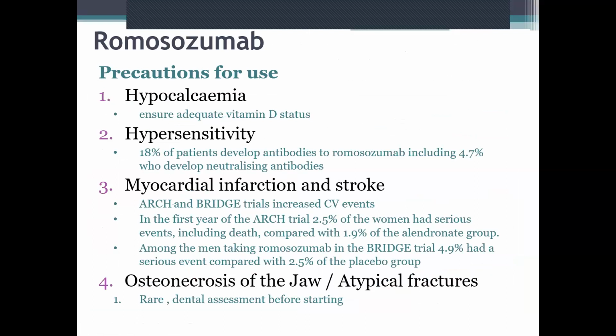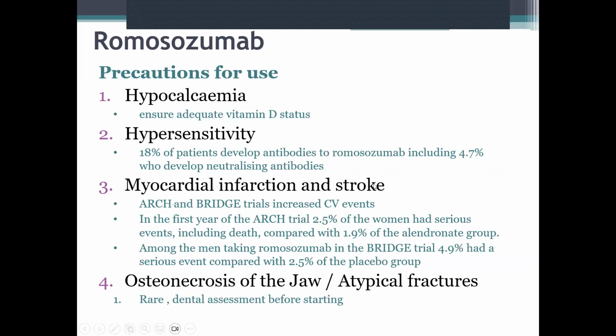As for precautions for use with Evenity, it would be the same as with denosumab. We need to ensure adequate vitamin D status, because if their vitamin D levels are low, then it can actually worsen hypocalcemia. So we want to make sure their vitamin D levels are at least more than 60 before we administer romosozumab.